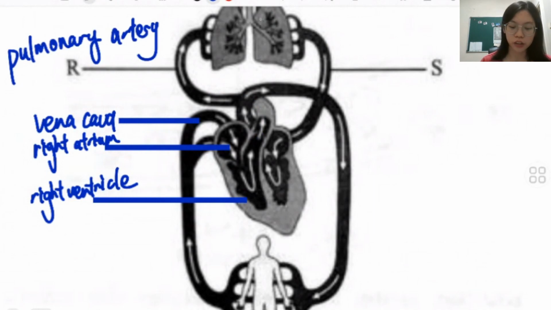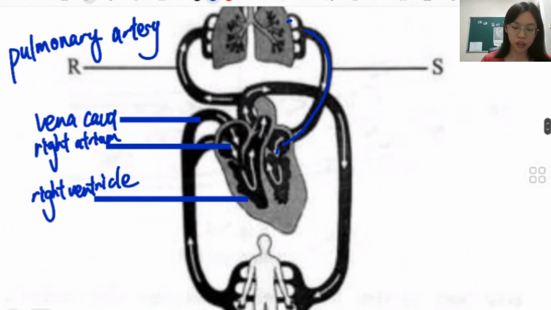When the gases are exchanged in the lungs, your blood now has a higher partial pressure of oxygen. So it has to be transported to your whole body, so it has to pass through your heart again so that the heart can pump the oxygenated blood.